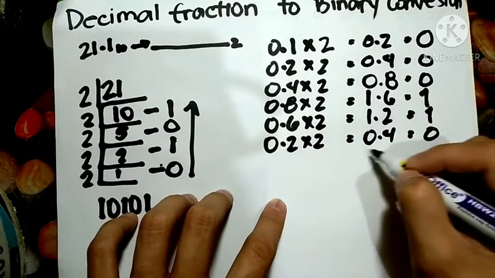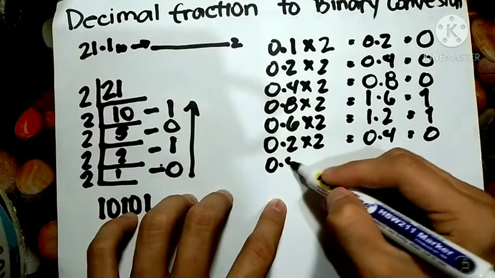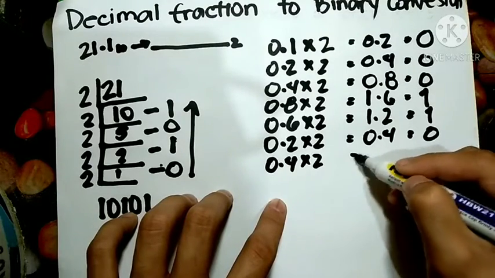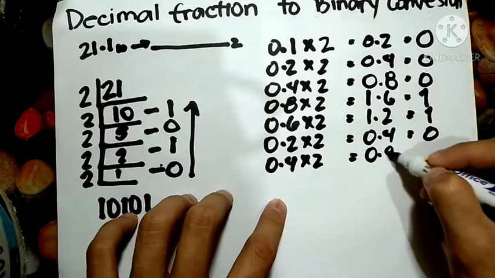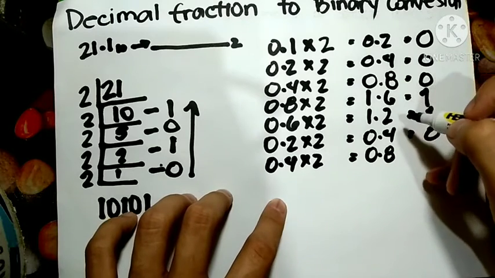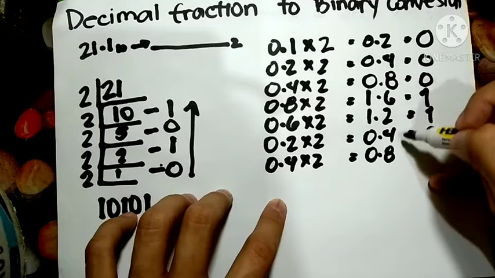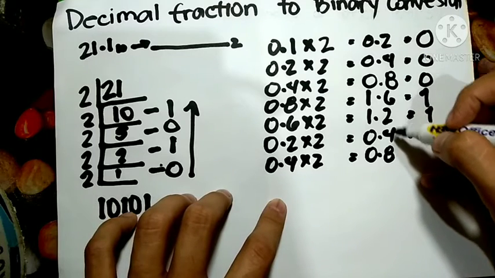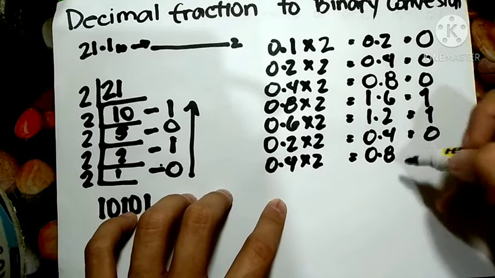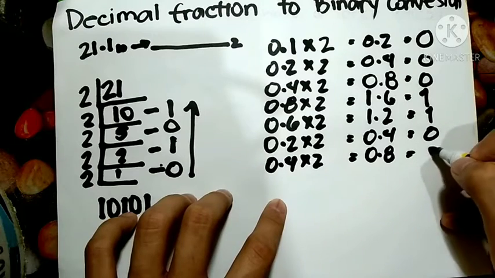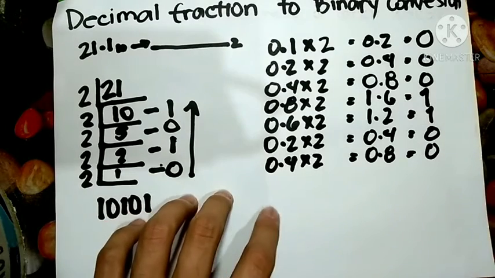And 0.4 times 2 is equal to 0.8. We notice that the pattern will repeat, from 2 to 4 to 8, it will just repeat. So let's stop right here.